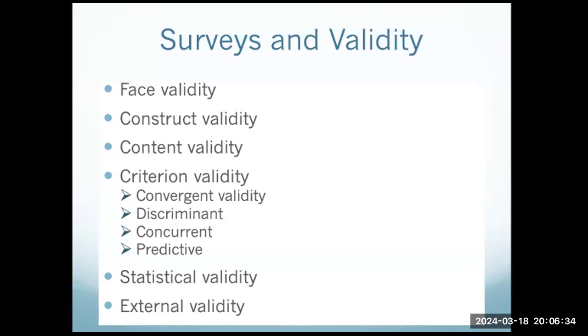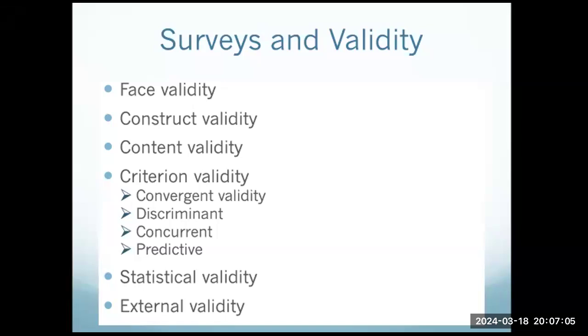Concurrent validity would be if you have different measures at the same time. So in one survey packet, you might have two different measures because you're establishing concurrent validity. Maybe you want to have a new measure of IQ, for example. Predictive validity would be maybe the variables that you have in your survey are going to be used to anticipate what someone will be doing in the future.